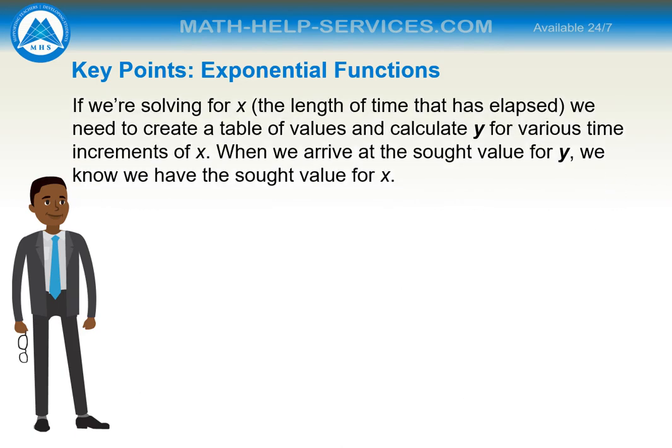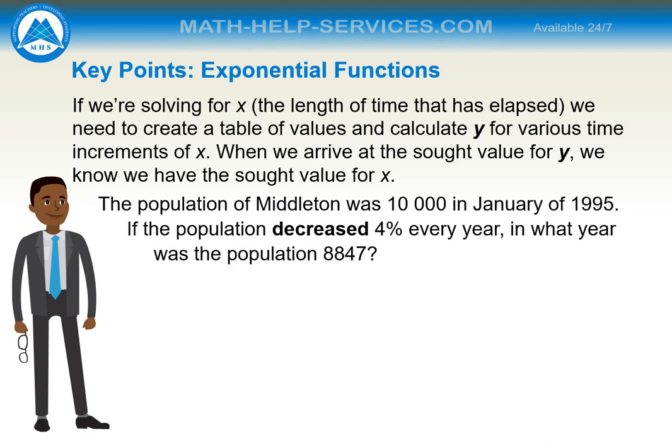If we're solving for x, the length of time that has elapsed, we need to create a table of values and calculate y for various time increments of x. When we arrive at the sought value for y, we know we have the sought value for x. For instance, the population of Middleton was 10,000 in January of 1995.